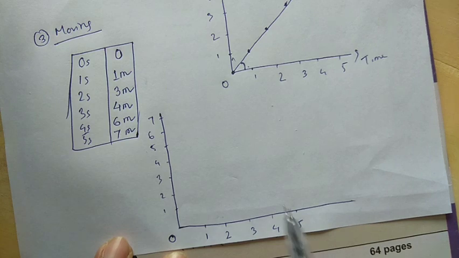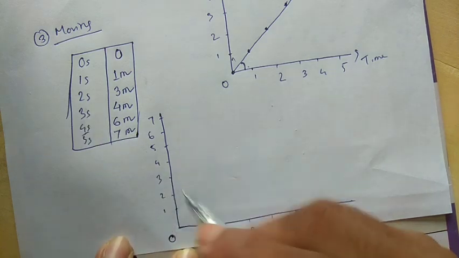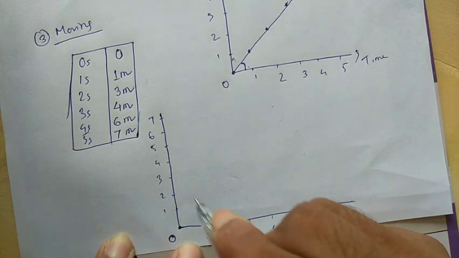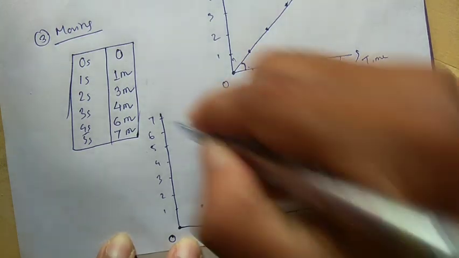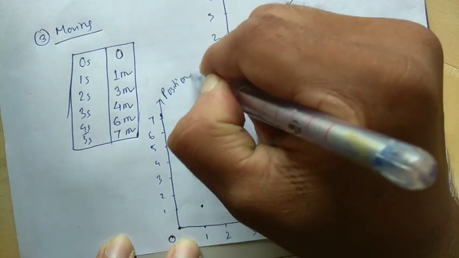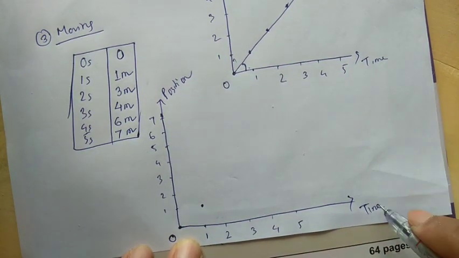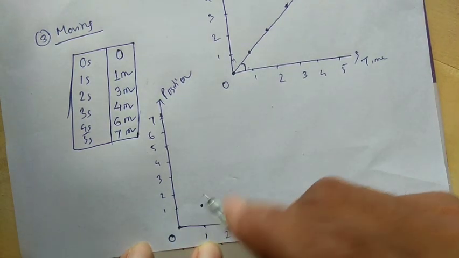So if we plot that table in this graph, how will it be? In 0 second, the body is at 0 meter. In 1 second, the body is at 1 meter. Earlier we took position on the y-axis and time on the x-axis.